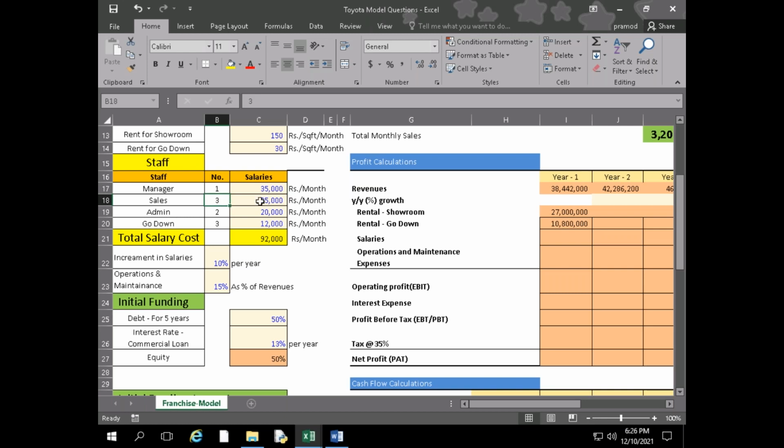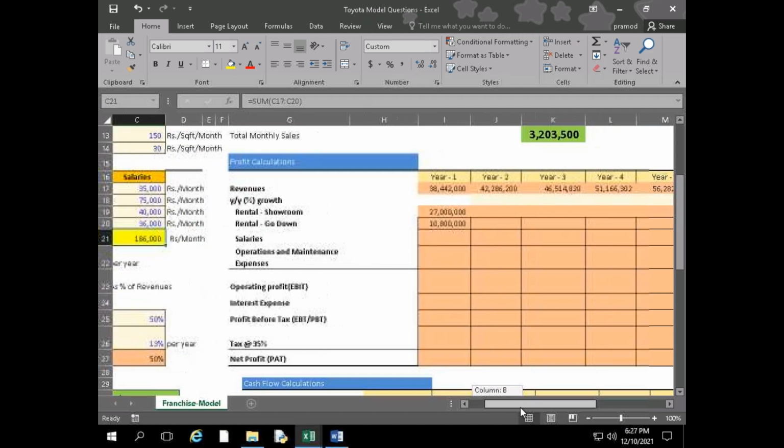So here there are three managers, so we need to multiply into three. Admin, how many? Into two. Godown looks after three. So it should be 1,86,000.